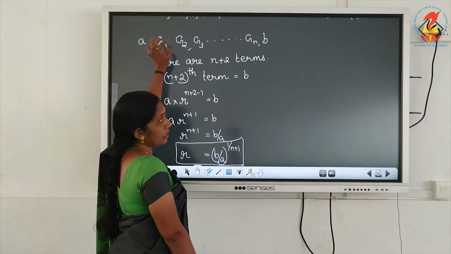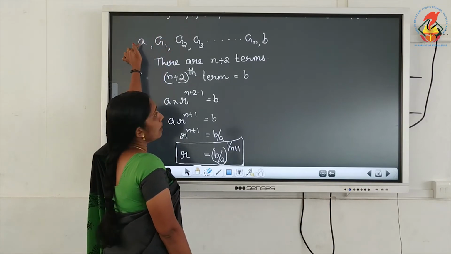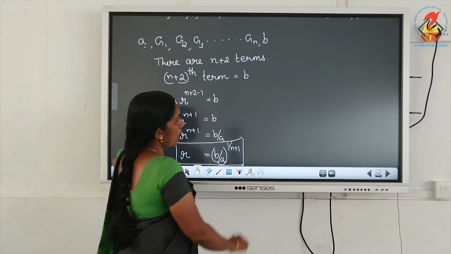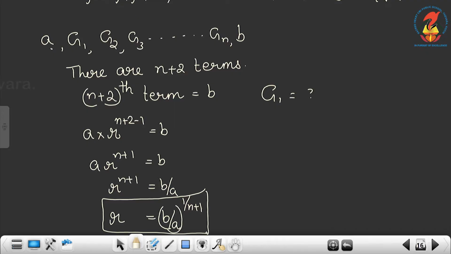Now G1 is the second term. So G1 is obtained by multiplying the common ratio to a. So G1 is first term into common ratio, with the common ratio in terms of b and a as above. Now G2 is a into r, then into r, so a r square. So G3 becomes a r cube.